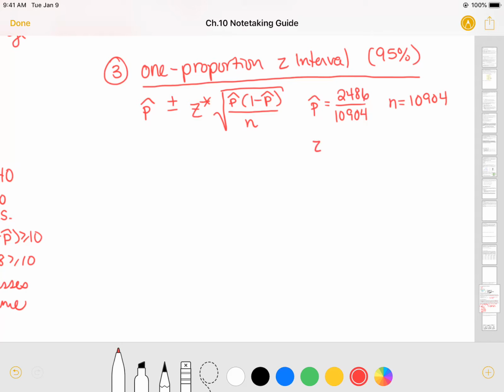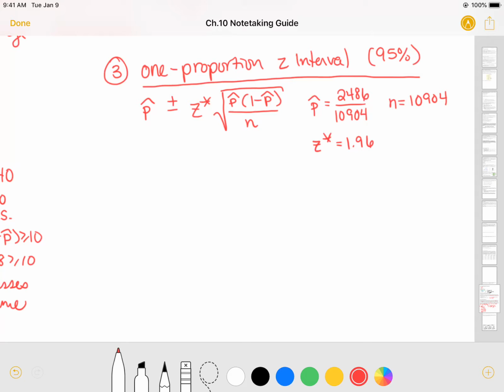And then critical Z, for 95%, is going to be 1.96. All right, and you might have that memorized. It's nice to get the really common intervals, the 90%, the 95%, and the 99% confidence intervals, memorized because we use them so frequently.